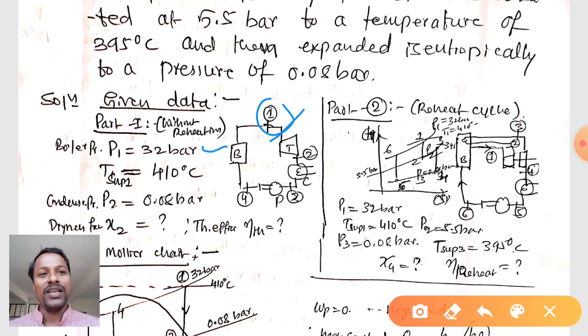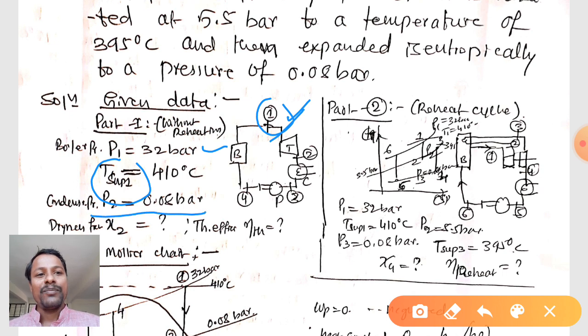The temperature at the same point is 410 degrees Celsius. I am using the notation T superheat 1 as 410 degrees Celsius to denote the inlet temperature to the turbine. Then the condenser pressure he has also given.